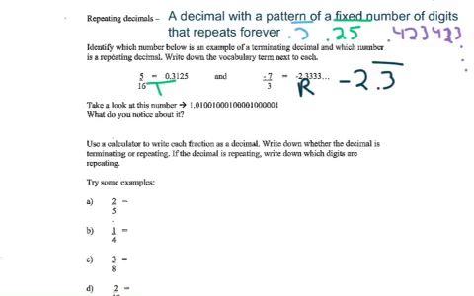Kids will say that there is a pattern to it. However, the pattern is not repeating constantly. It's not the same digits repeating over and over again. There's not a specific pattern of repeating values. So I would classify this as non-terminating and non-repeating.